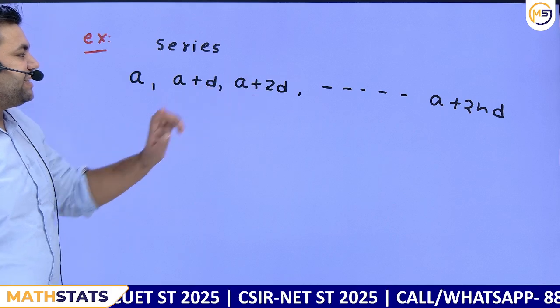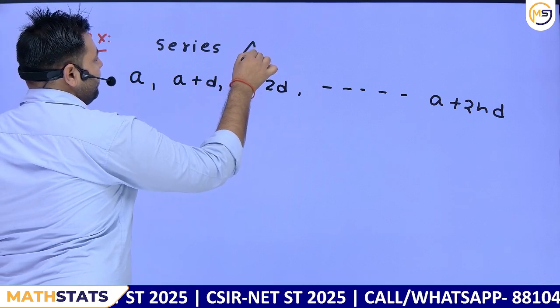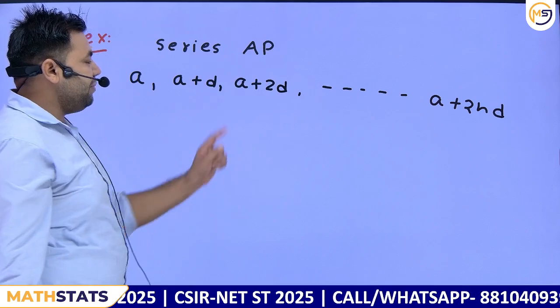So how many terms are in this series? AP means arithmetic progression.